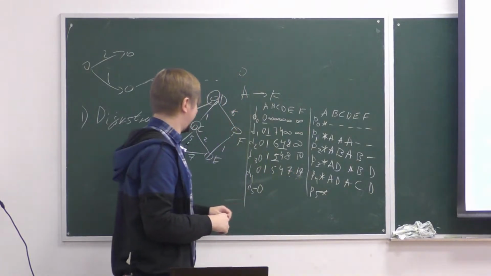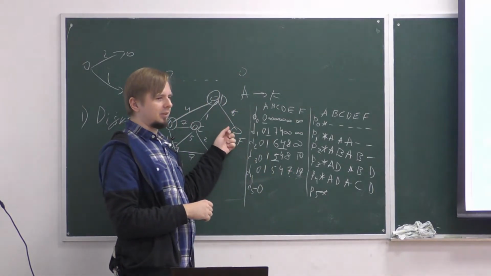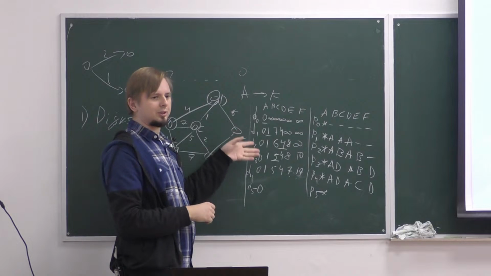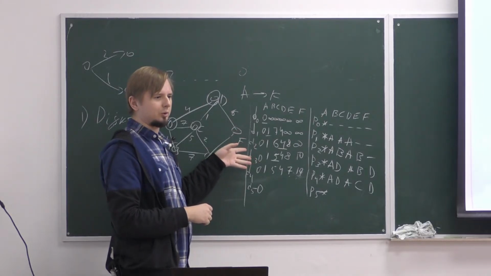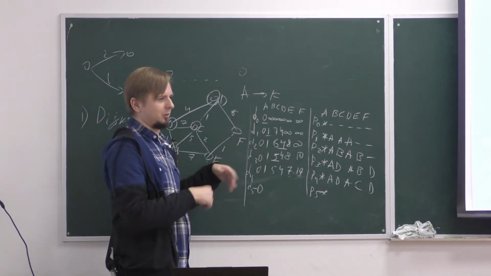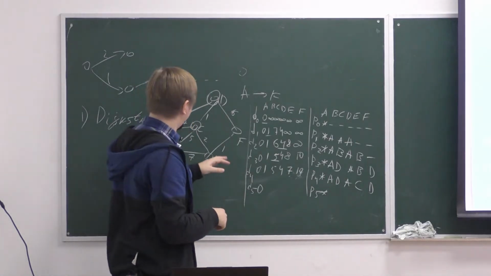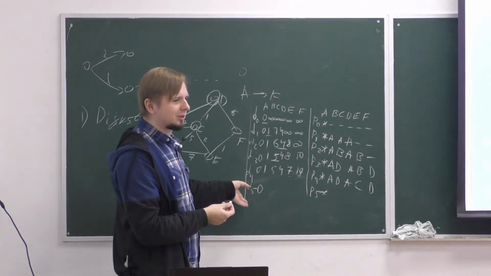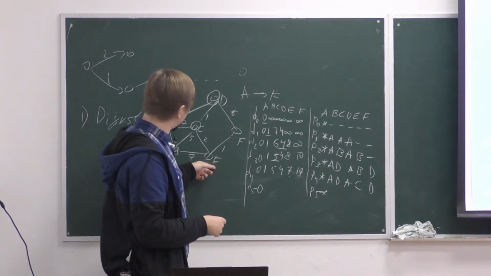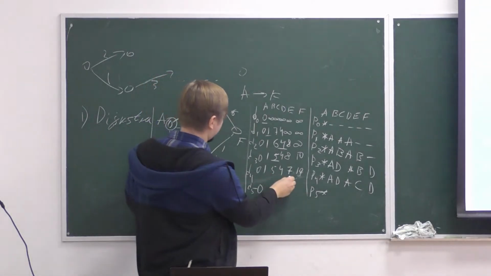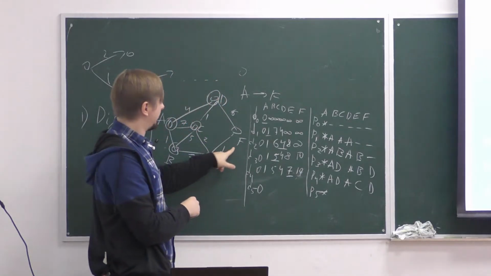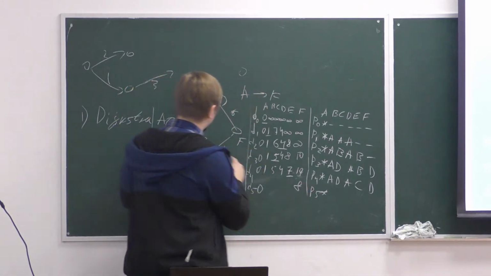By the way, if F is the smallest one on some step, we stop right there, because in the next steps it will be more. But this is not this case. We go from E, the last one, and we see that it will be 8 here.